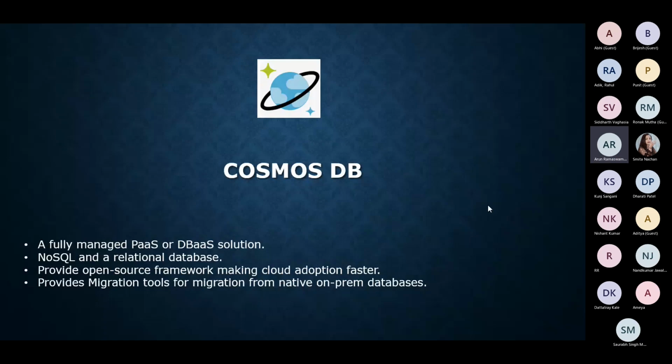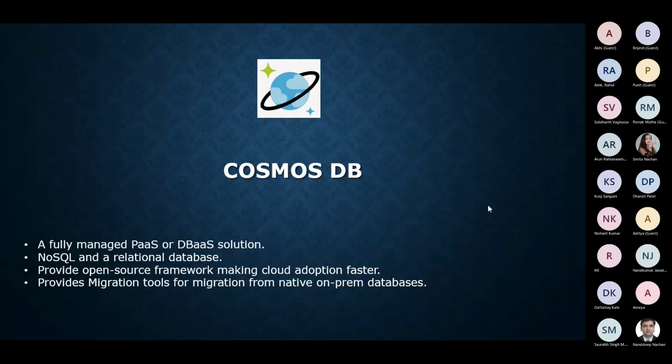Any patches or security-related features released for Cosmos DB will be made available to you by Microsoft. All you have to worry about is your data and your application. Rest everything Microsoft will take care of for you. That is the reason why it is a PaaS or DBaaS solution.